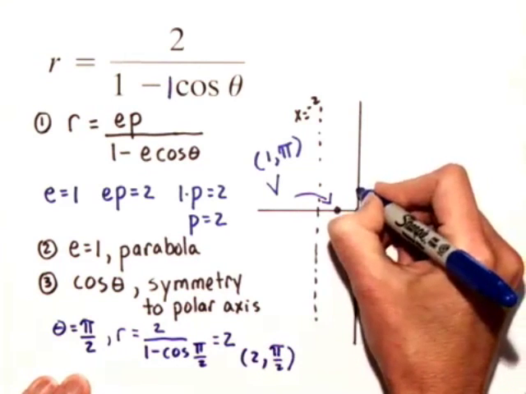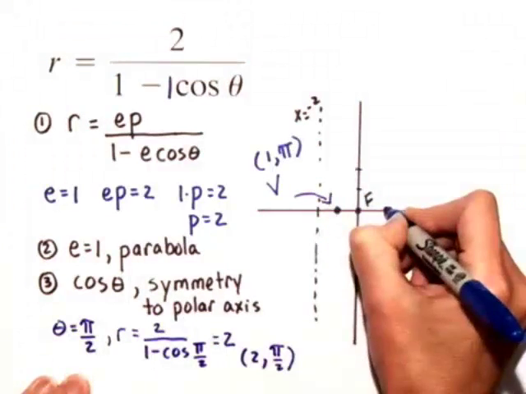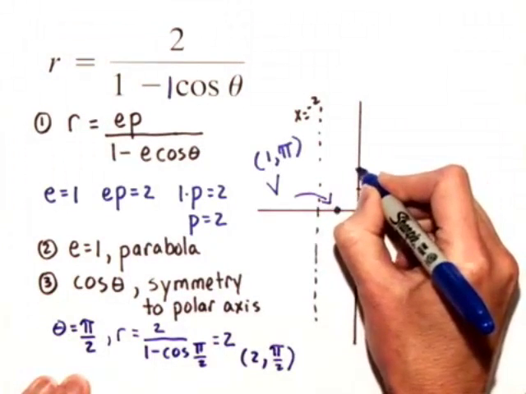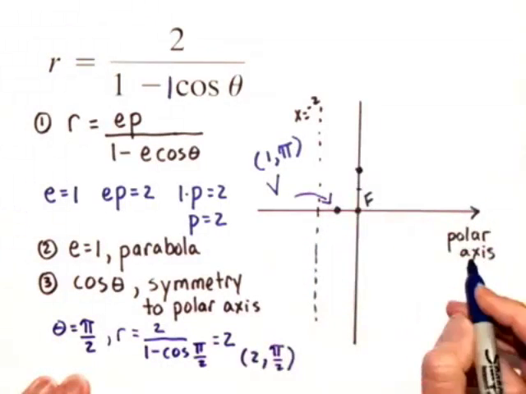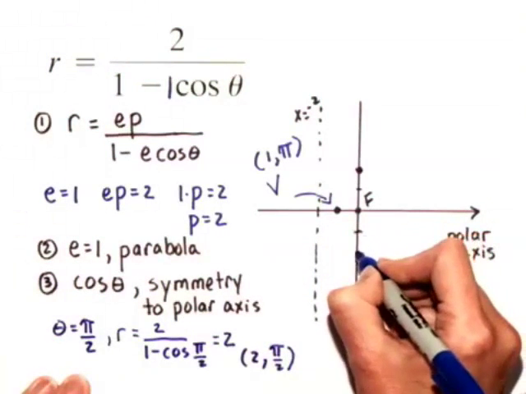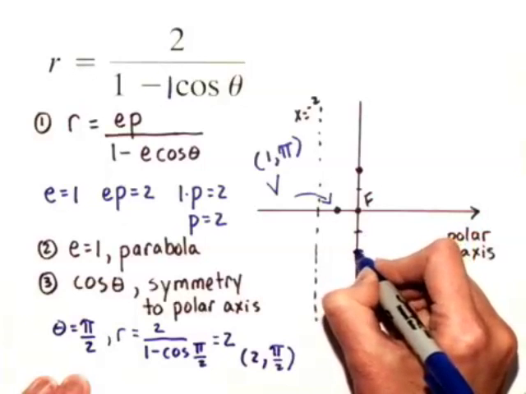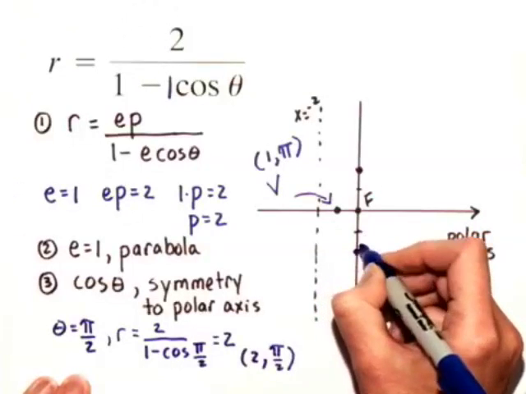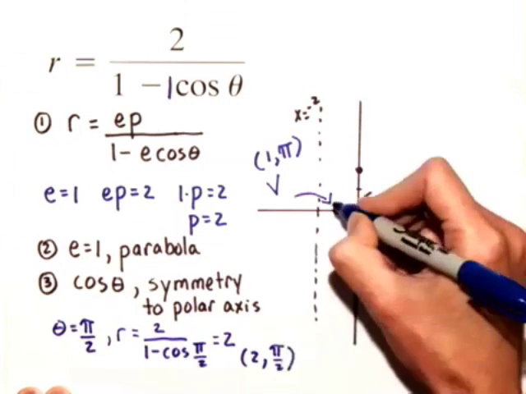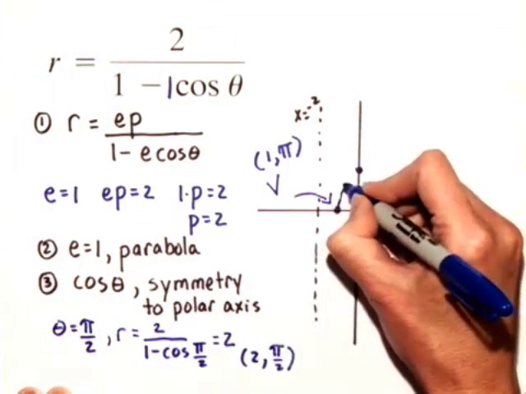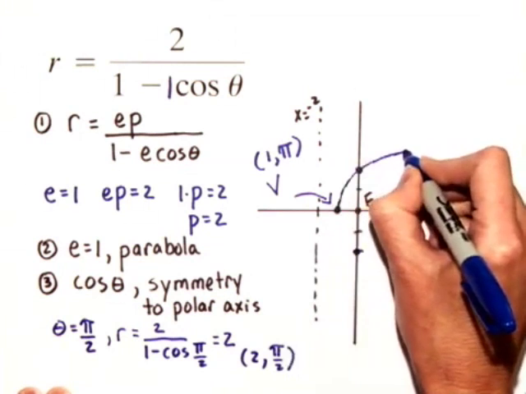So that would be the point 2, pi over 2 right here. Because we have symmetry with respect to the polar axis, then we'll also have a point down here at 2 when the angle is 3 pi over 2. Now we can sketch a graph of this conic section.